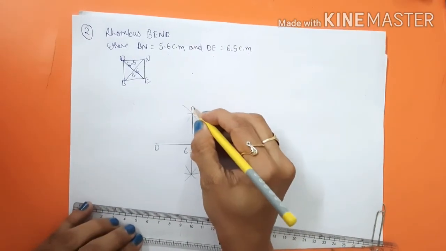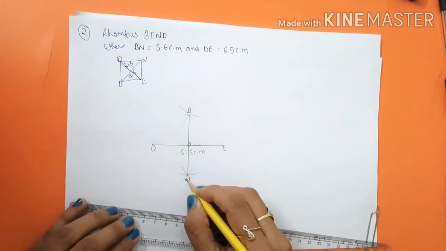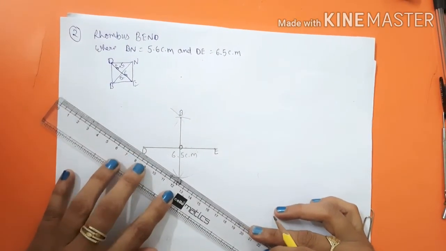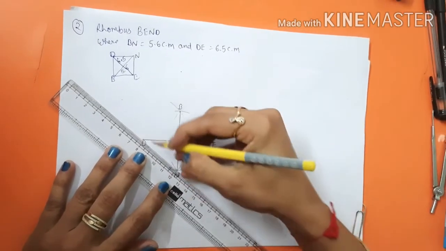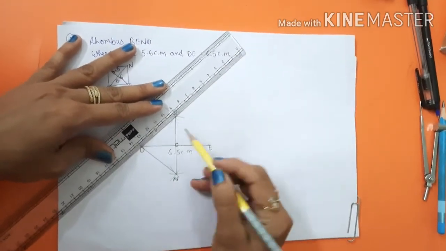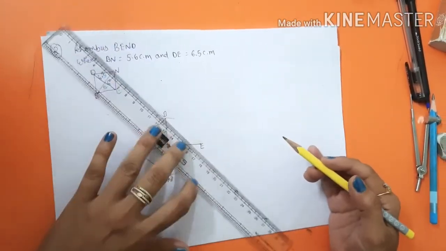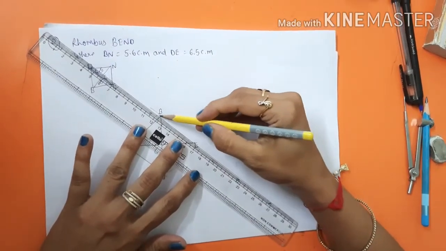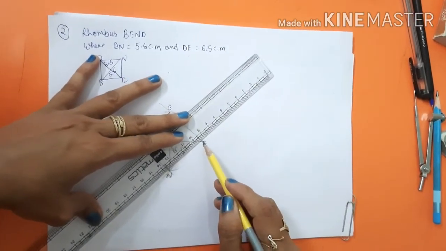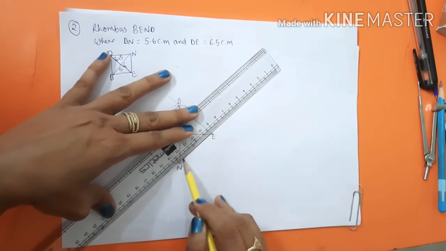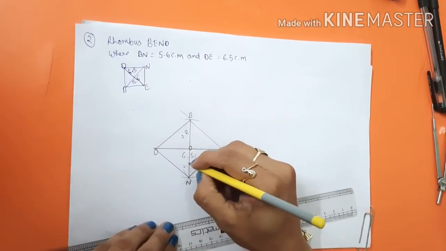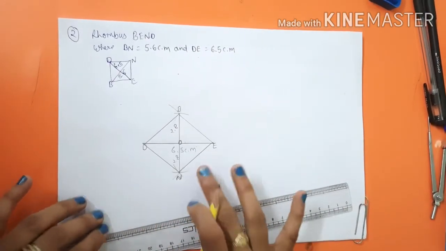We'll give name B and N. Now we'll join all 4 sides. This is our required rhombus.